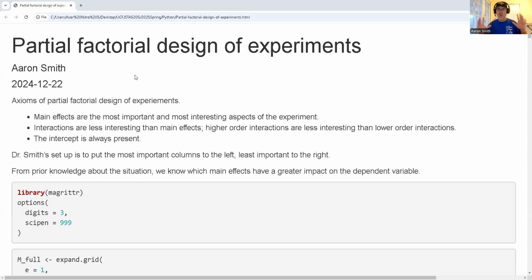Okay, what we're going to do, our framework, is that my ideal is going to be a full factorial design for all the variables of interest with all the interactions I could possibly have. That's two-way interactions, three-way interactions, four ways, whatever is applicable to the situation. That's what I would like to have.